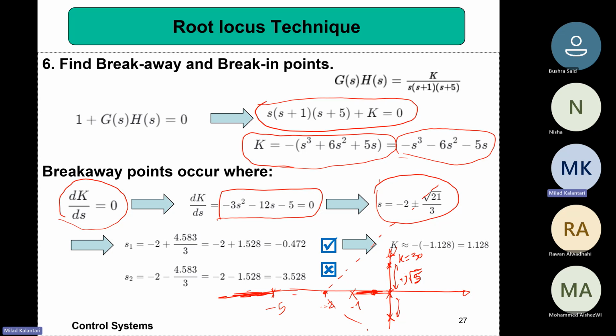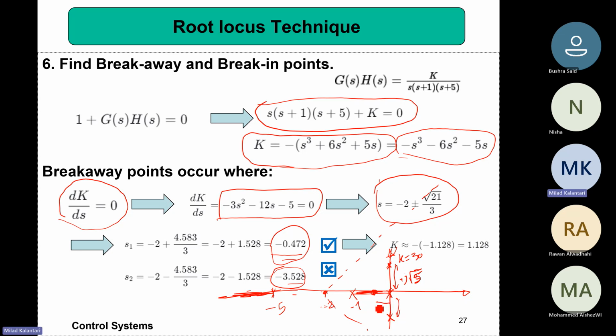So the two roots are, one is negative 0.47, the other is negative 3 point something, right? So we know that from -1 to -5, there is no place for the root, right? So this one is not acceptable, but the other one is acceptable, which shows where these two roots are supposed to collide with each other. It is something near the middle of the two roots, but not exactly the middle, it is -0.47 something.